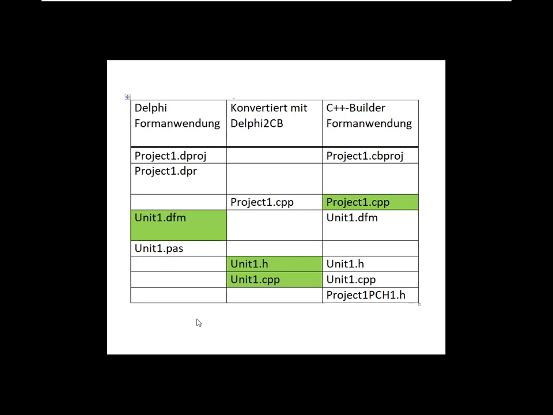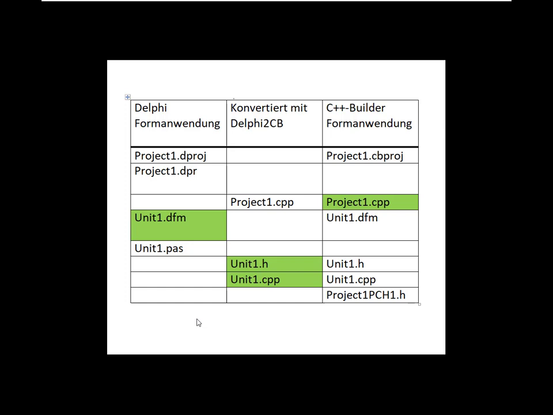The following table shows in general which files we have to deal with. In our example we have different names but the same relationship. The left column shows the files that Delphi creates by default for a VCL form application.